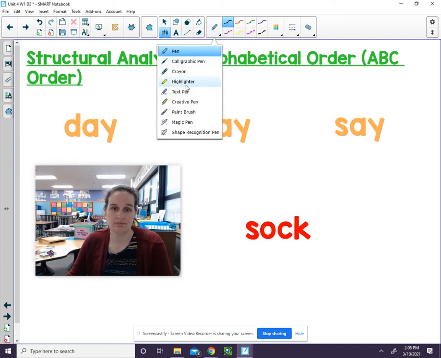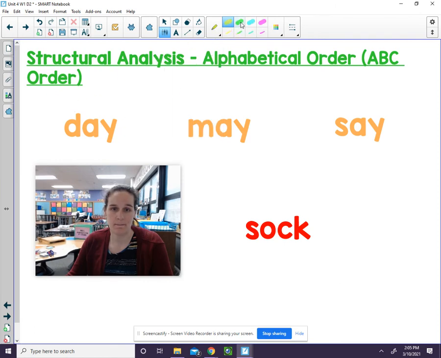We have day, and it has a D, may, which has an M, and say, which has an S. We can put these words in alphabetical order based on their first letter. Words are in alphabetical order because the D comes before the M, and M comes before S in the alphabet.